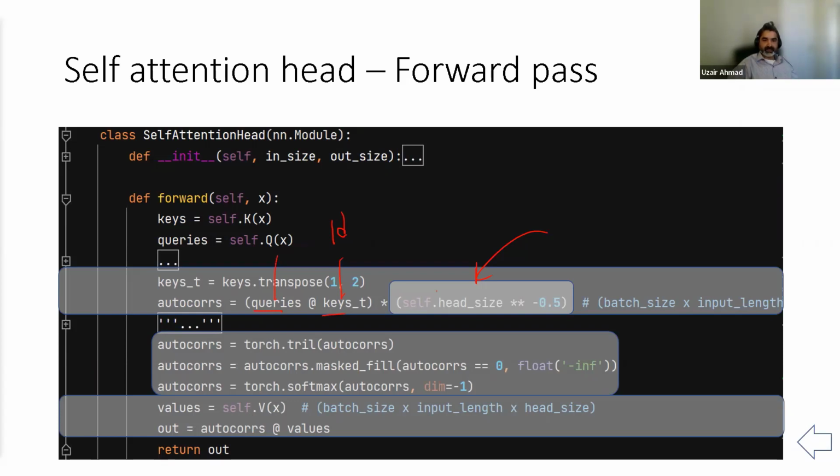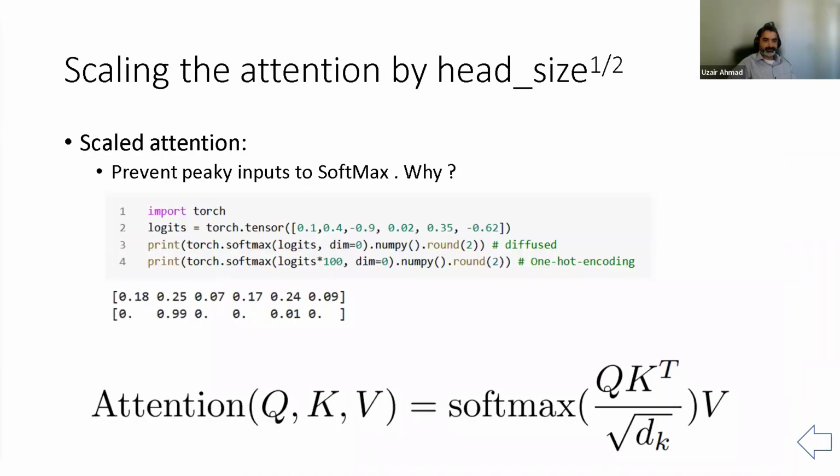But then we multiply that with this strange construct. The authors of the self-attention paper give the reason why it needs to be scaled. The original formula is that multiplying the output of the query with the output of the key network transpose should be scaled.